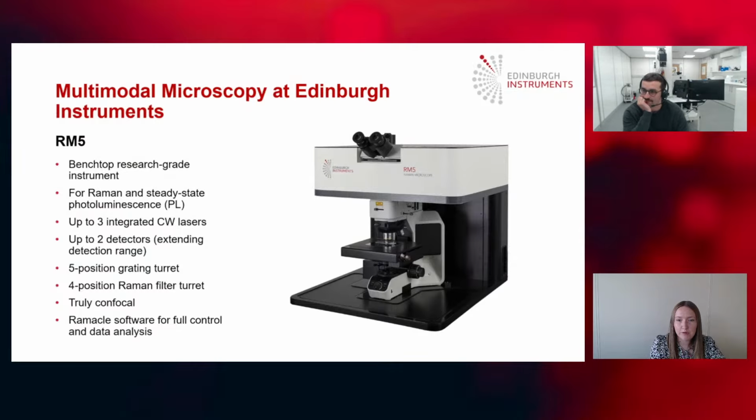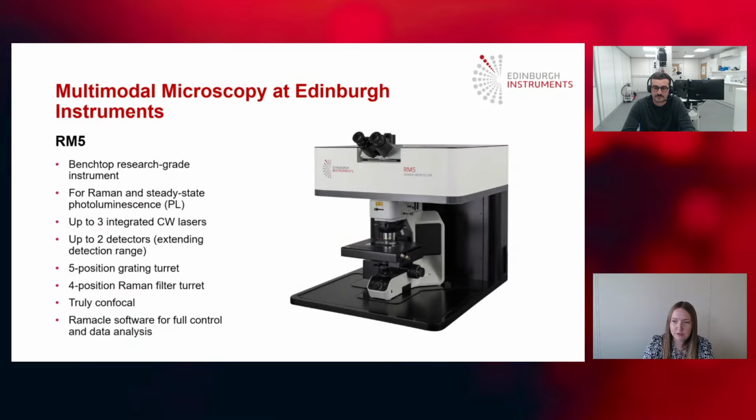So we offer two multimodal instruments at Edinburgh Instruments that are perfect for looking at semiconductor research. We have an RM5, which is a benchtop research grade instrument, and we can do both Raman and steady state photoluminescence with this. We can integrate up to three lasers, and two detectors.